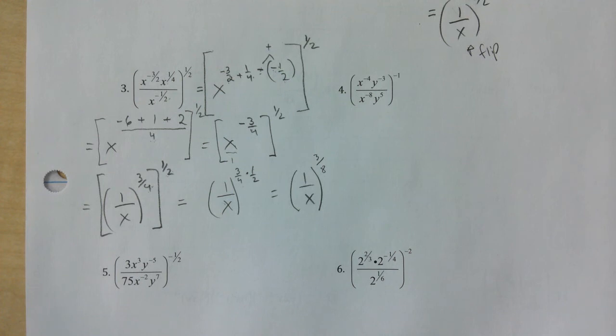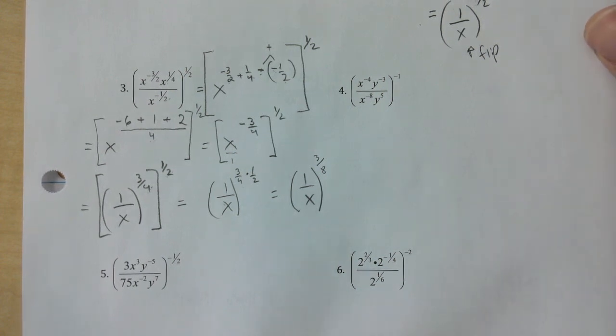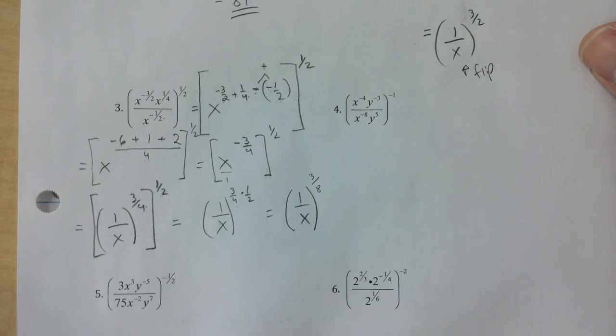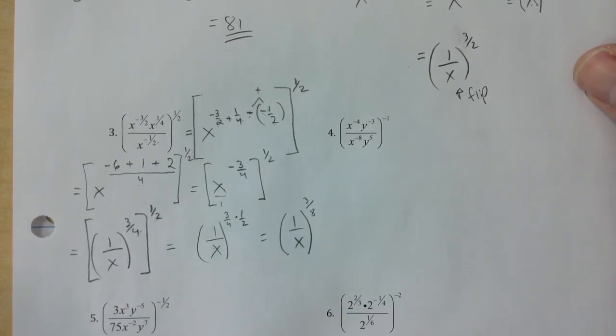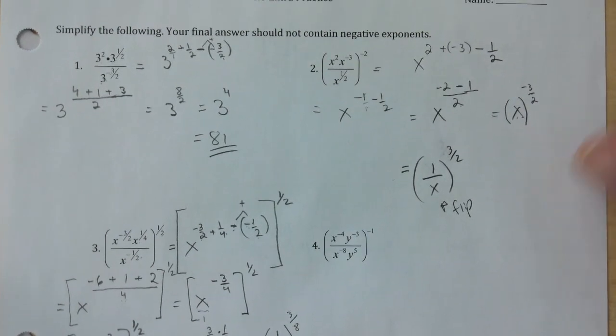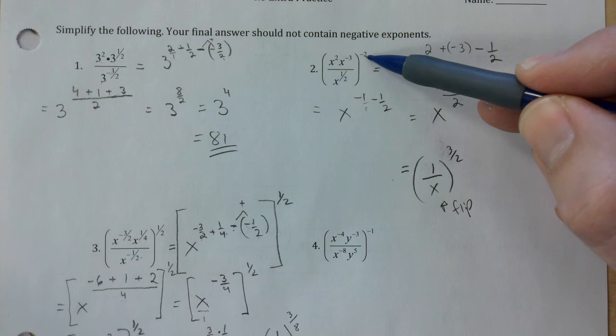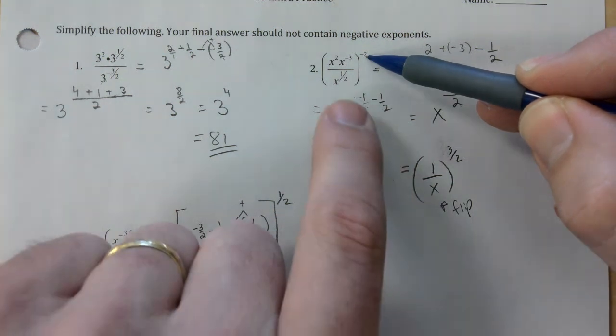You forgot about the -2 in question 2. Oh. Yes, I did. Thank you, Angie. I did the same thing up here. Okay. That -2 was there with me. So let's fix that.